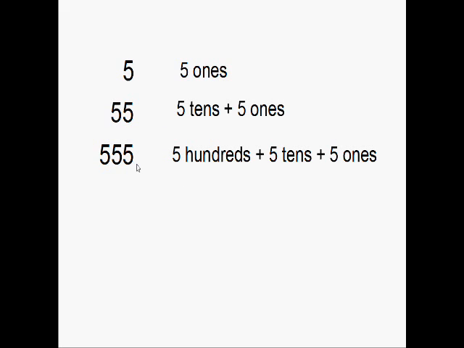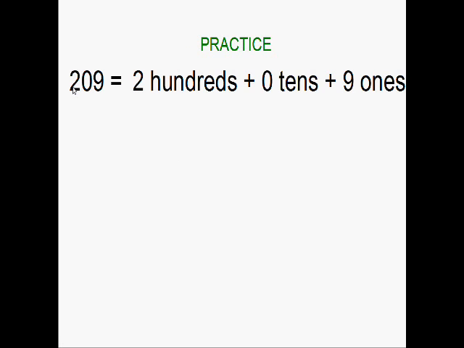All right, place value. Let's practice that a little bit. 209. Well, that's an interesting number. It means I have 2 hundreds, but I don't have any tens. I have 0 tens. And that's what the 0 is for in math, boys and girls. When you put a 0 in a place, it tells everybody, there's nothing here, but I need to put a 0 in there so you don't think that it's a different number.